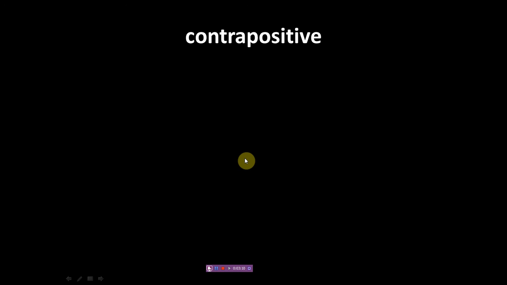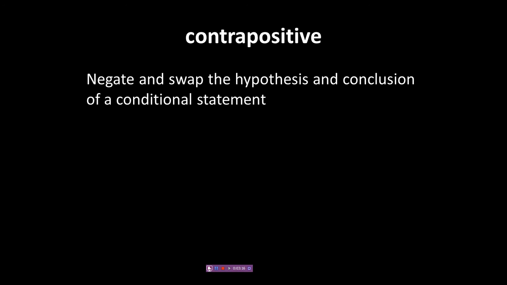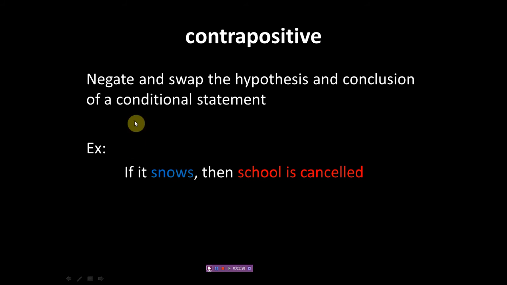The third and final related logical statement is called the contrapositive. The contrapositive is kind of a combination of the inverse and the converse. We are going to swap and negate the hypothesis and conclusion of a conditional statement. Let's say our original statement was, if it snows, then school is canceled, just like before.